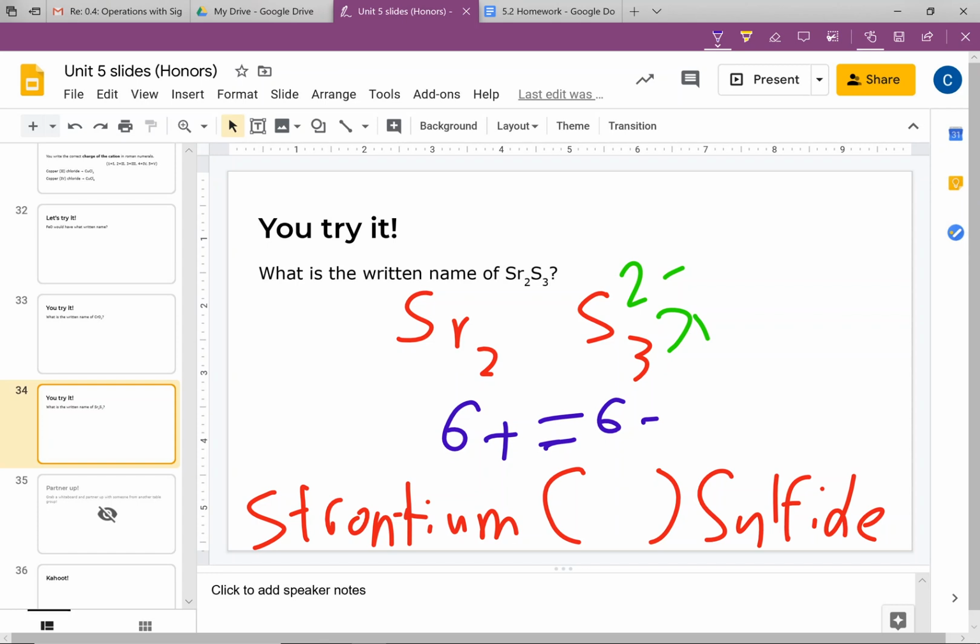Now, here's something that we haven't come across before. This is Sr2. So we have 6 positive charges distributed across 2 strontium ions. What's the charge on just 1 strontium ion?